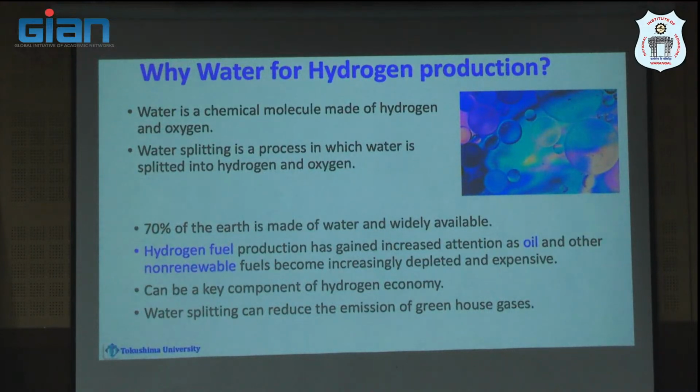So hydrogen is a source of energy that might be relatively cheap compared to these non-renewable sources, and it can affect the economy also. So water splitting can reduce the emission of greenhouse gases. CO2 emission can be reduced. If you are using gasoline, diesel, or petrol, then CO2 is created and the environment is harmed. So it can reduce the greenhouse effect also.